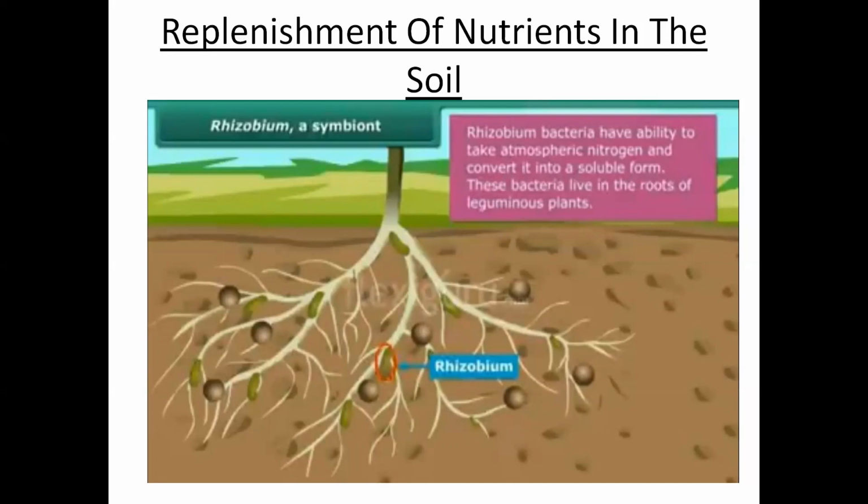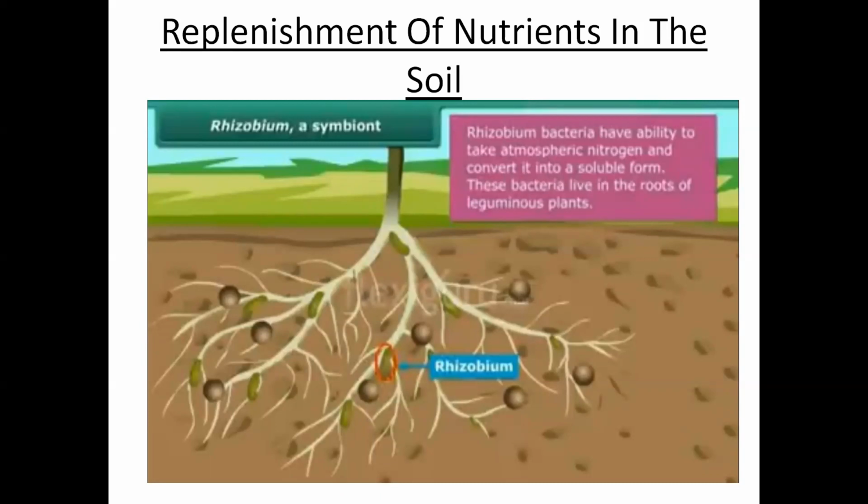There are some bacteria like Rhizobium present in the soil, and they help some plants like leguminous plants. They capture this nitrogen and convert it into a usable form for the plants. So they follow a mutual relationship, helping the plants and also getting benefited.